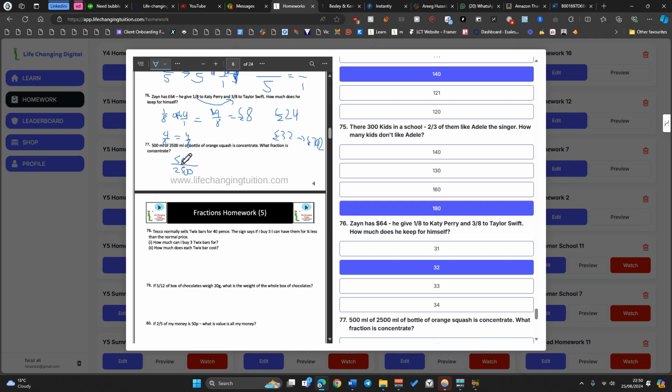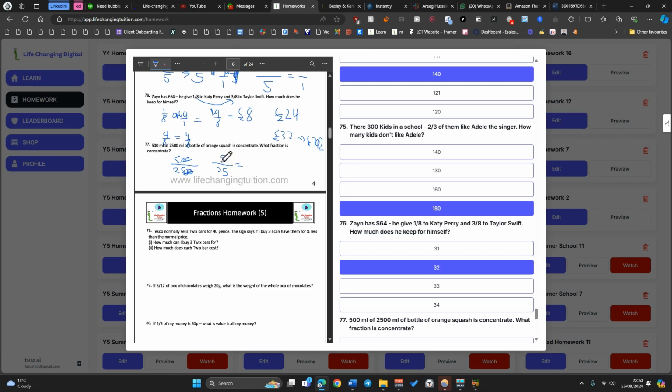To simplify, you find a number and divide both of them by it. You could use 10, or you could use 100. I'm going to use 100 here. 100 goes into 500 5 times, and into 2,500 25 times. An easy way to think about that is you just cancel out the matching zeros, and that gives you 5 over 25.